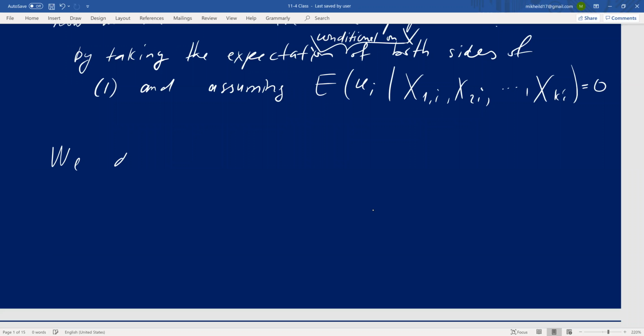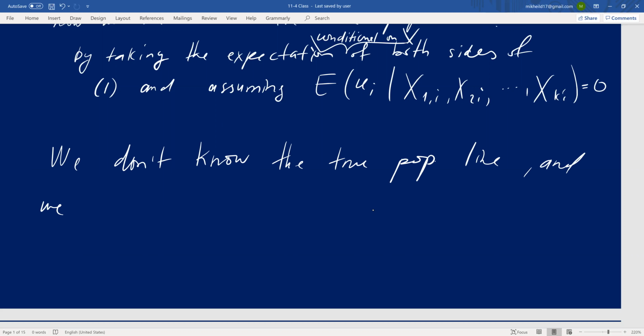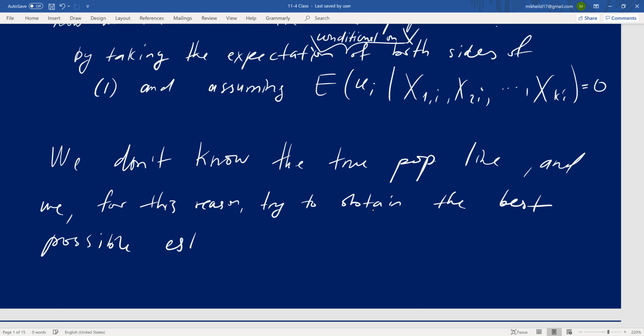So we don't know the true population line, and for this reason, we try to obtain the best possible estimate of it.